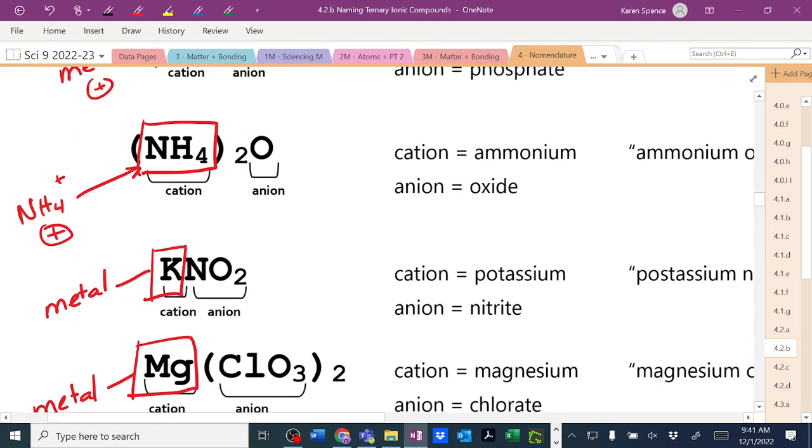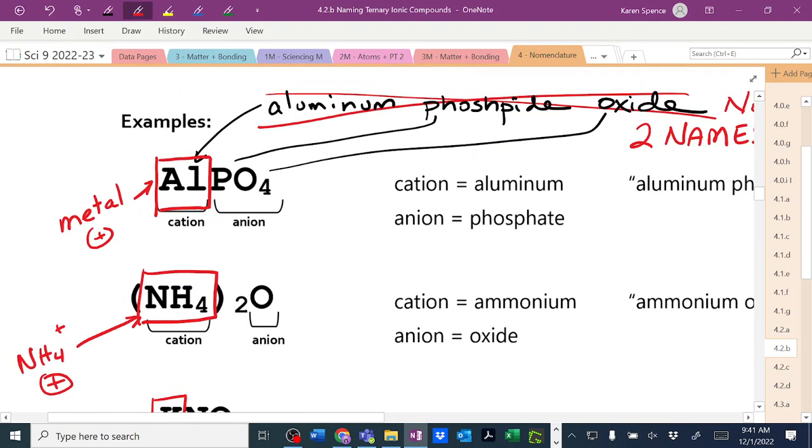So if we look here, all the PO4, that's one anion. And if you want to know its name, where do you look? You look on your pink sheet, okay? So this is a polyatomic ion, so you're going to look on the pink sheet for the name.